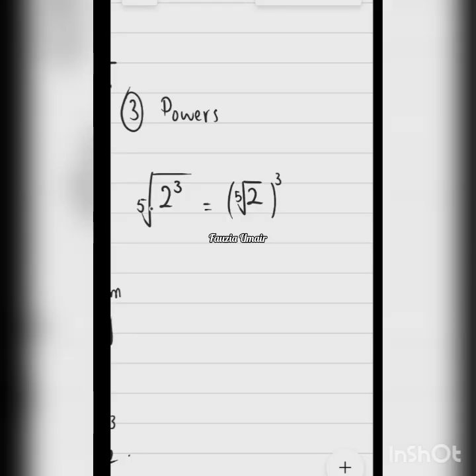What you have done is taken this power as a whole power. So basically it does not matter, because radicals are also powers and indices are also powers. The only difference between the two is that the radical is a fractional power. This 5 will go as 1 by 5 in the power.